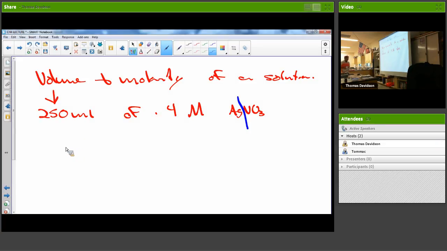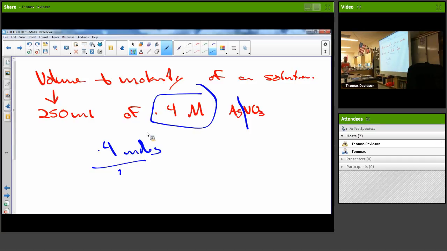we just use our brains. If this is 0.4 moles per liter, how do we get rid of liter? You just multiply it, right? Liters disappear. I'm left with moles. So I would just take this, multiply that, and get 0.1, right?